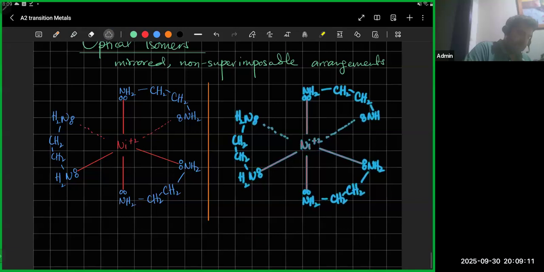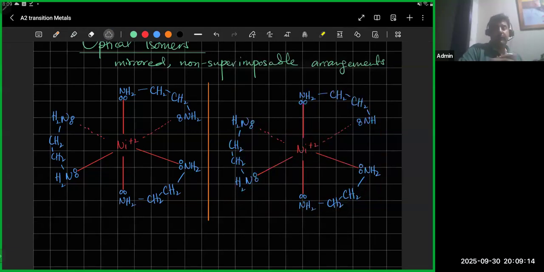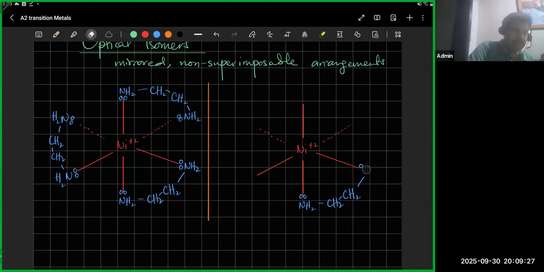Now you have to draw the exact mirrored version. This is what you're familiar with doing in AS Organic. So everything has to be flipped around, either inverted left to right or top to bottom. So if I try to invert this, it's going to look like this. The NH2 would be on the other side, with the CH2s.